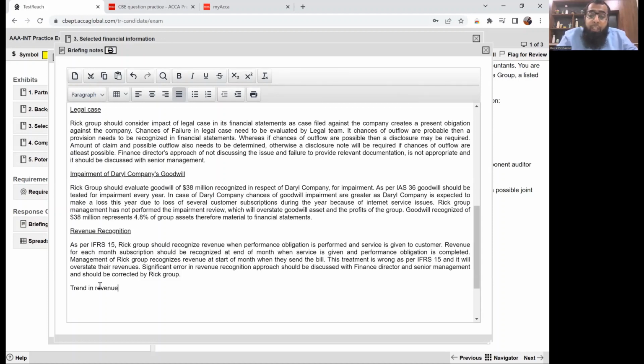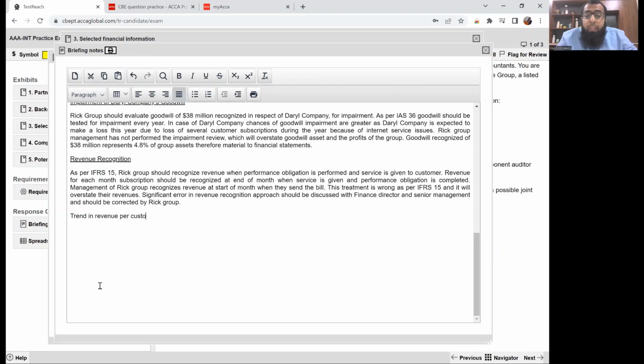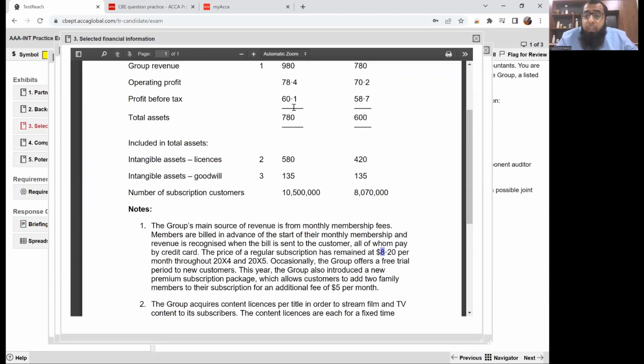Trend in revenue per customer. Revenue per customer has declined from $96.6 to, now how did I calculate this $96.6? 780 million is the group revenue divided by 8.070 because I'm converting to million.